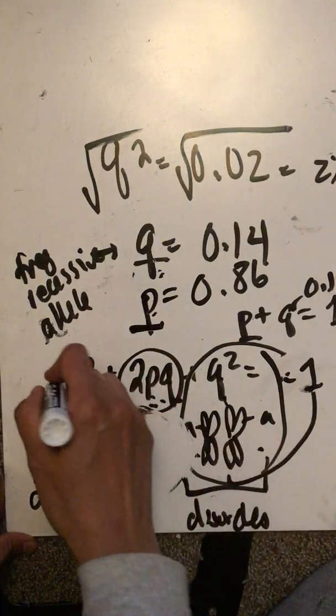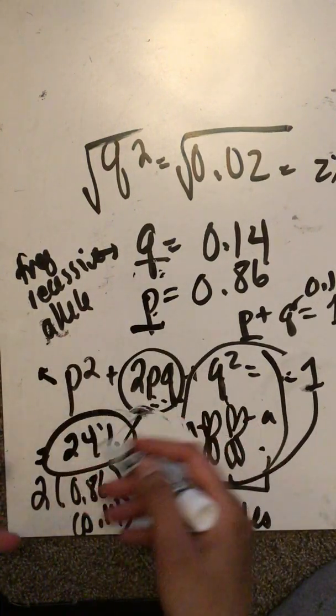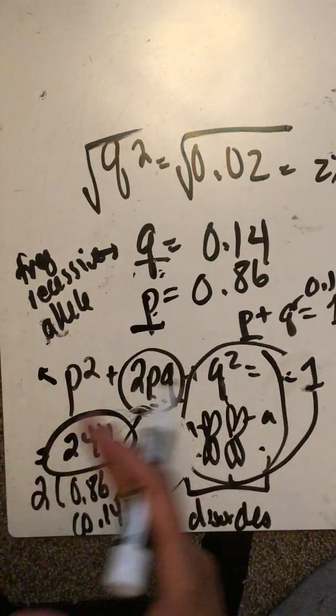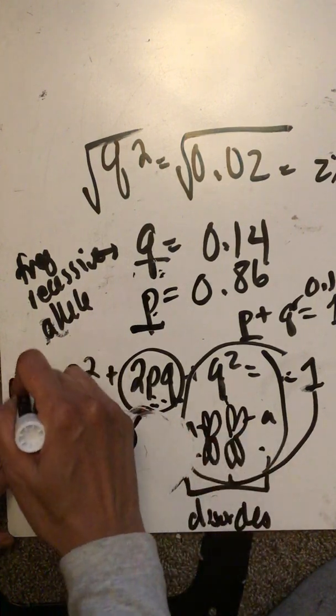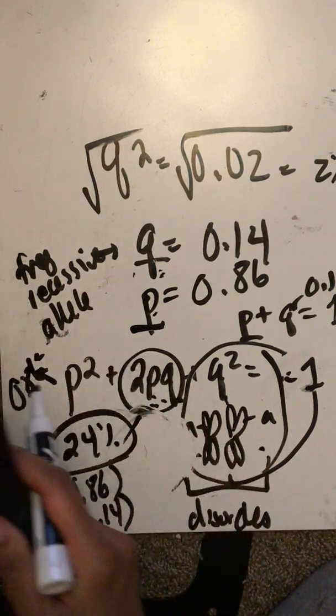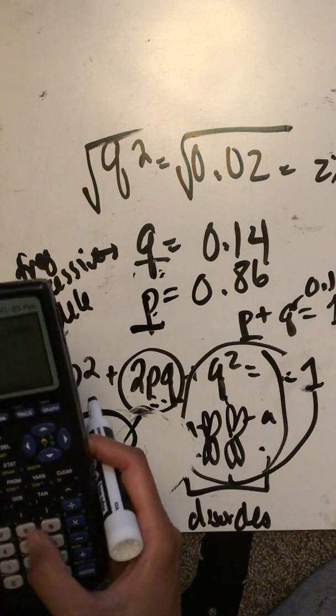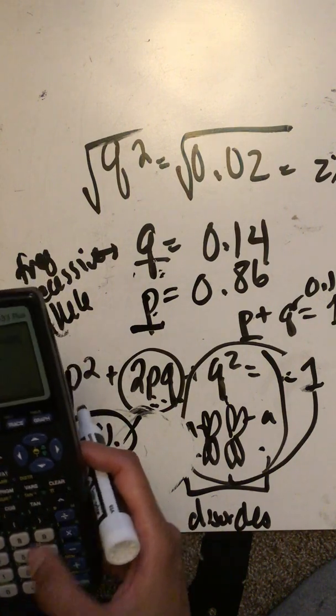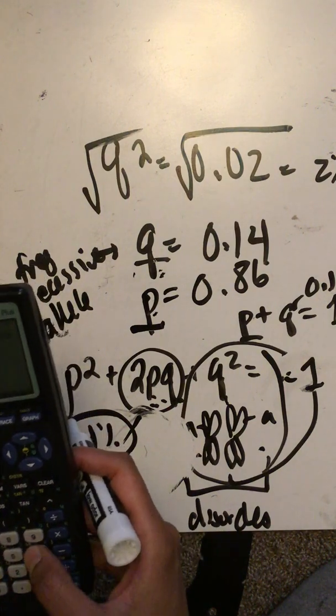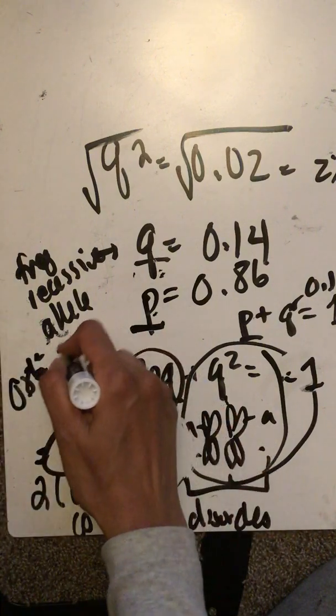And then, of course, you can calculate how much of your population is homozygous dominant normal by going 0.86 squared. 0.86 times 0.86, you're going to get 74%.